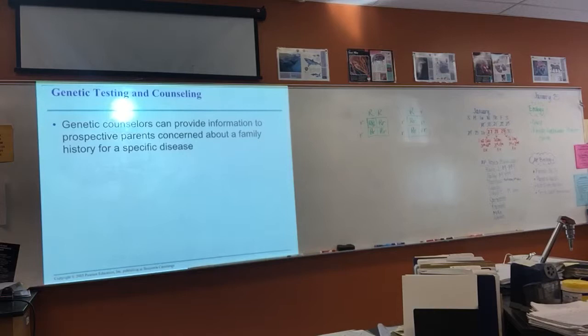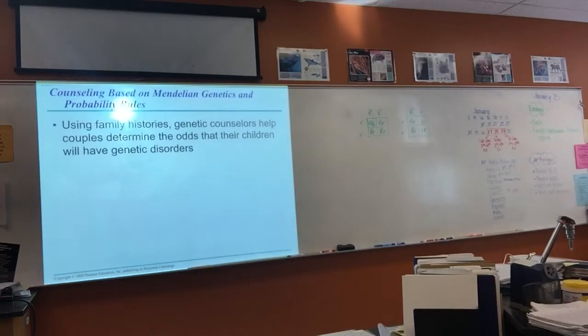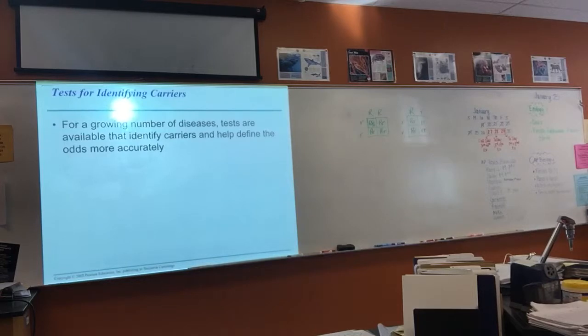So people can see a genetic counselor, and the genetic counselor can do things like take family history, like making a pedigree to give you information about if you're big R, little r. They can help to determine the odds that your children will have genetic disorders so that parents can make informed decisions about whether or not they even want to have children, depending upon that.